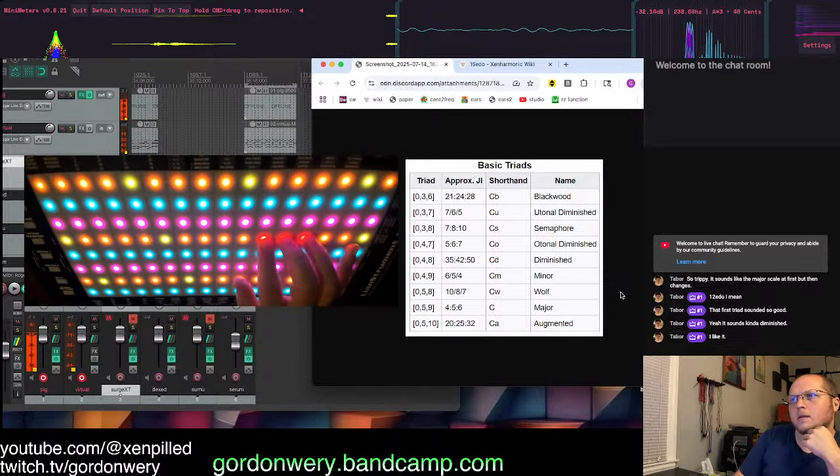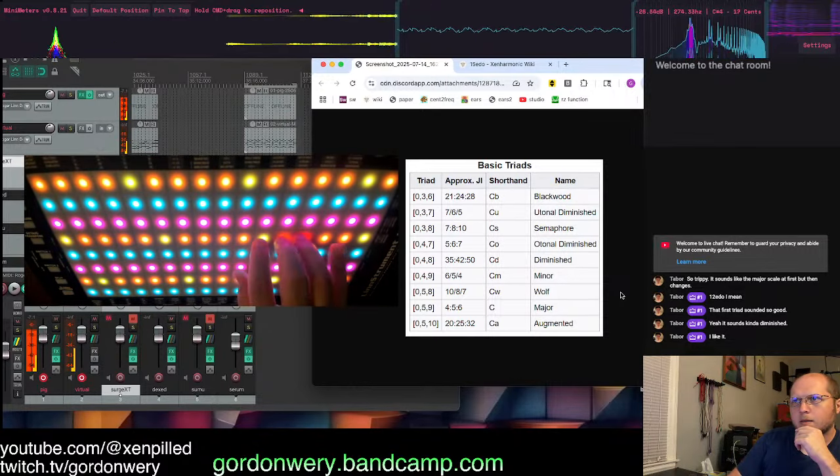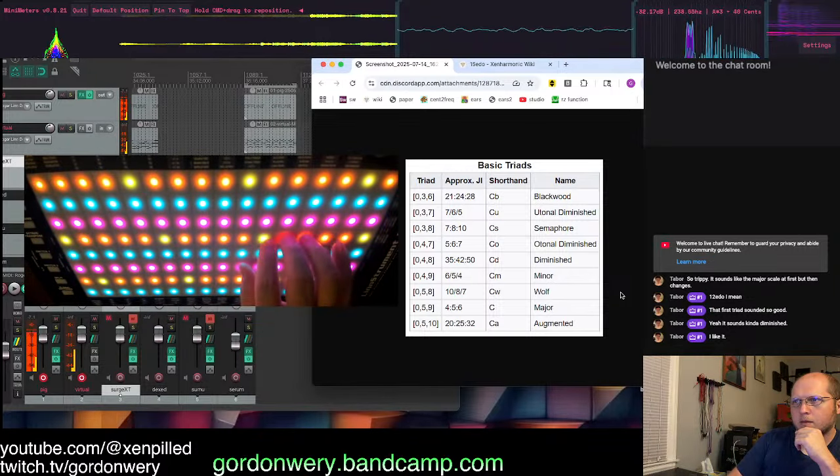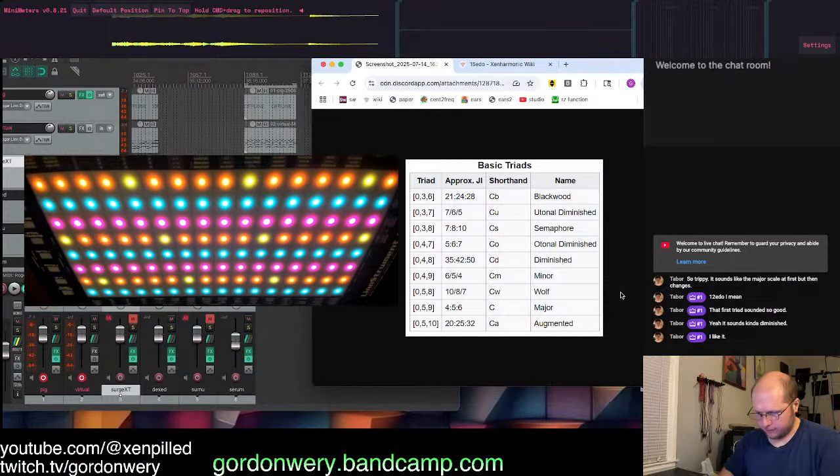But Fitzgerald's calling it Blackwood. In 22, I call it a subdiminished, but it does sound diminished in 22. But it's the same thing as two subminor thirds.